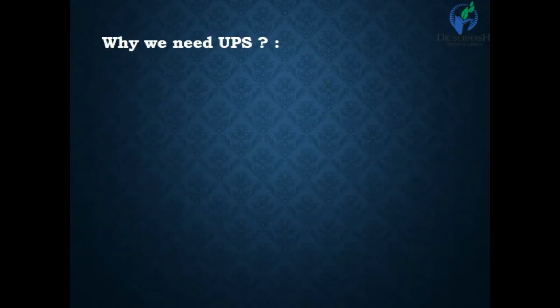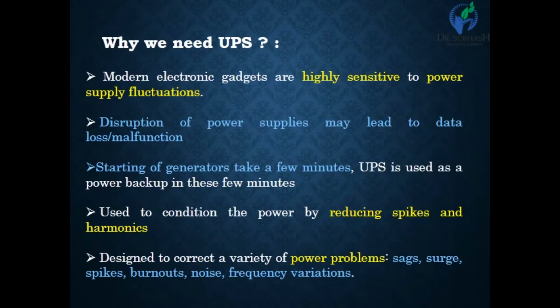Why is UPS needed? Most electrical equipment is highly sensitive, and any fluctuation in the power supply may affect this type of sensitive load. If the power supply is interrupted, it will cause data loss or malfunctioning in computers or mechanical equipment.